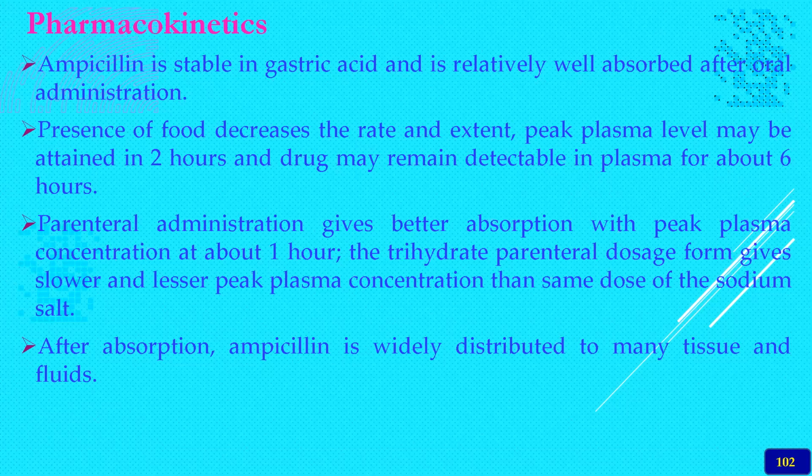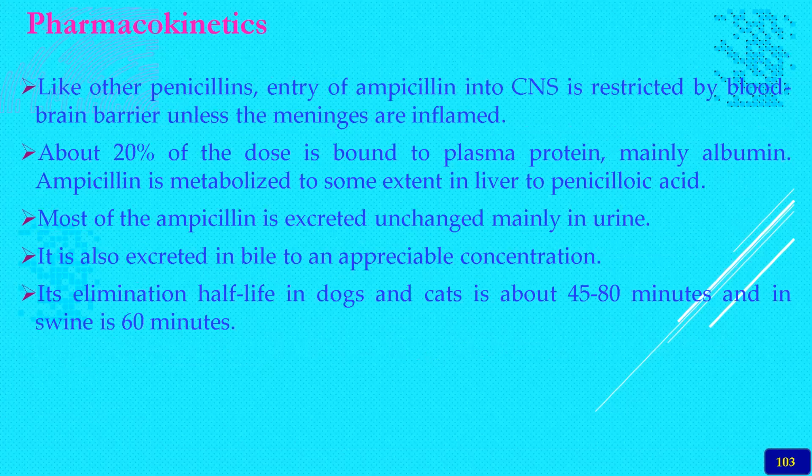After absorption, ampicillin is widely distributed to many tissues. Like other penicillins, entry of ampicillin to the CNS is restricted by the BBB, and it will not cross the blood-brain barrier unless there are damaged endothelial cells. About 20% of the dose is plasma protein bound, mainly to albumin.